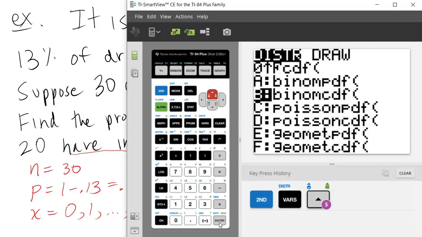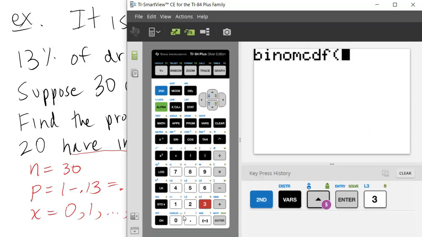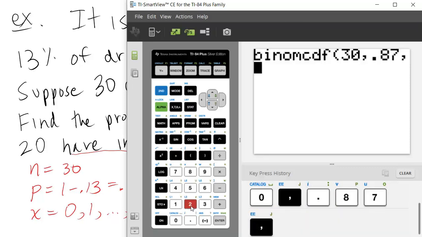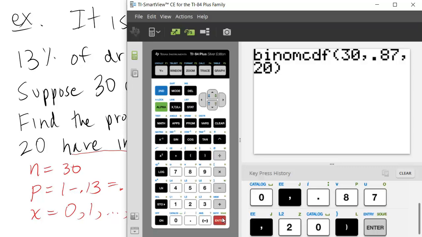Feel free to use the alpha shortcut. 30 trials. Our probability of success was 0.87 because we chose a success to be somebody who does have insurance. 20 successes is the maximum. Telling the calculator to do Binomcdf of x equals 20 is instructing the calculator to add up all of the PDFs from 0 to 20, which is exactly what we want.